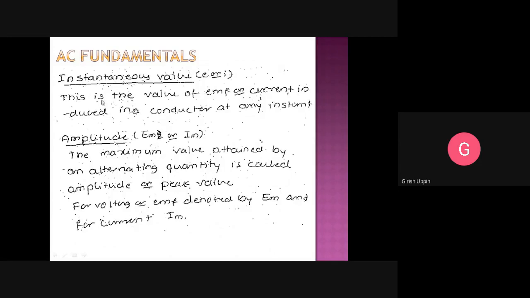Instantaneous value. This is the value of EMF or current induced in a conductor at any instant of time. Amplitude or the peak value is the maximum value attained by the alternating quantity. For voltage and EMF it is denoted by capital Em, and for current, capital Im.